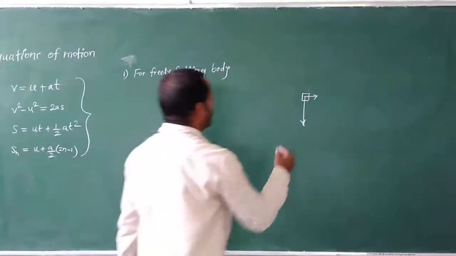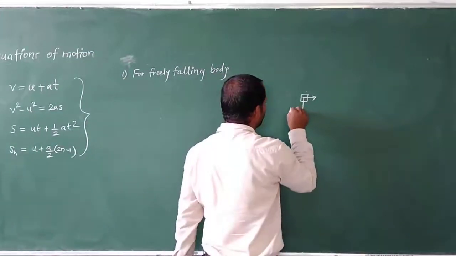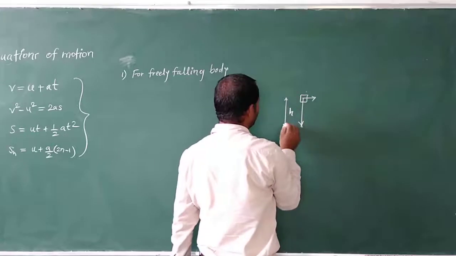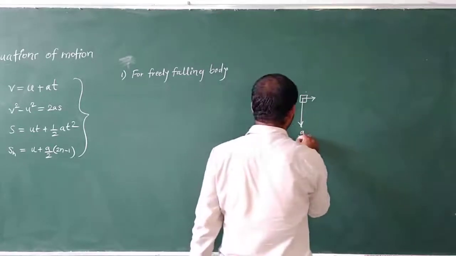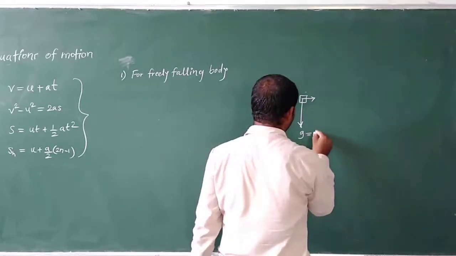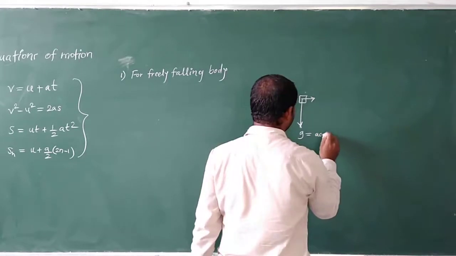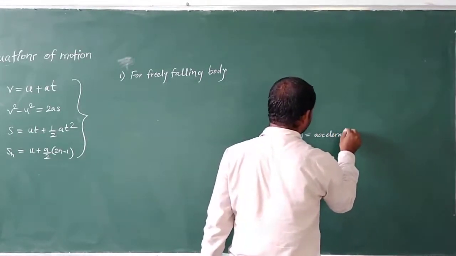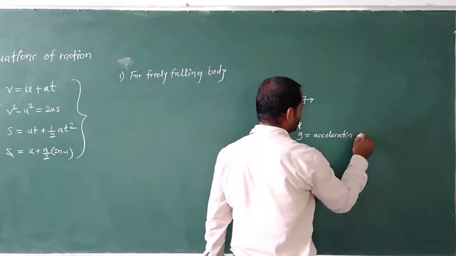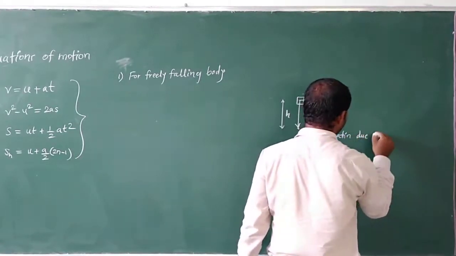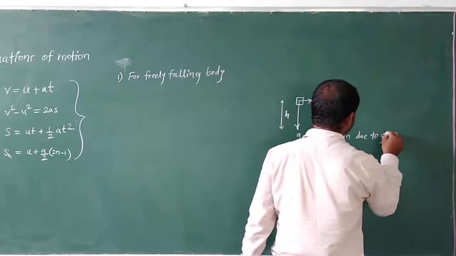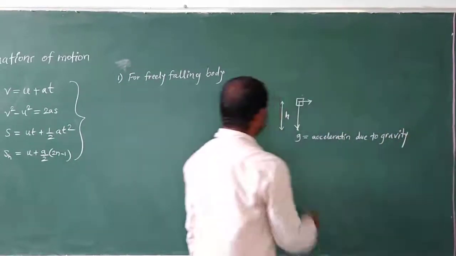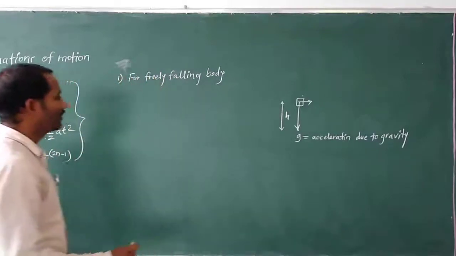Here I will consider, for a freely falling body, height is h. g is acceleration due to gravity.